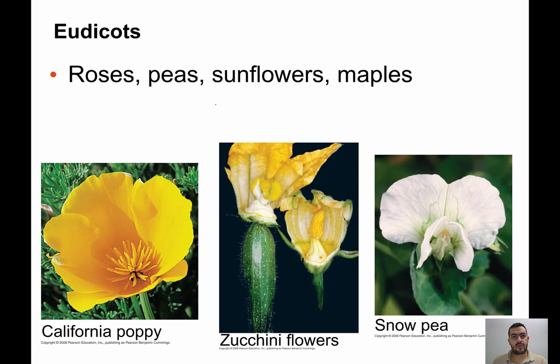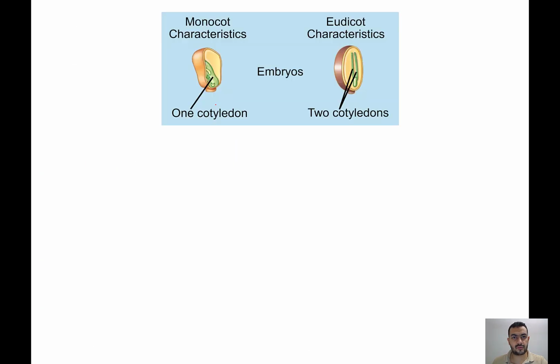So what are the criteria through which you can know if that plant is monocot or dicot? One criteria, and the most important one, is, as we said, depending on the number of the seed leaves. If it has only one seed leaf like that, it will be a monocot.